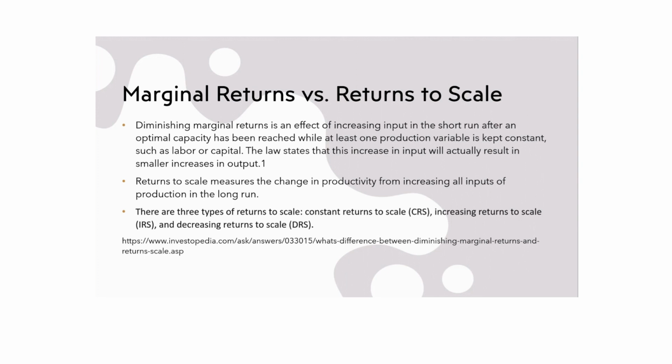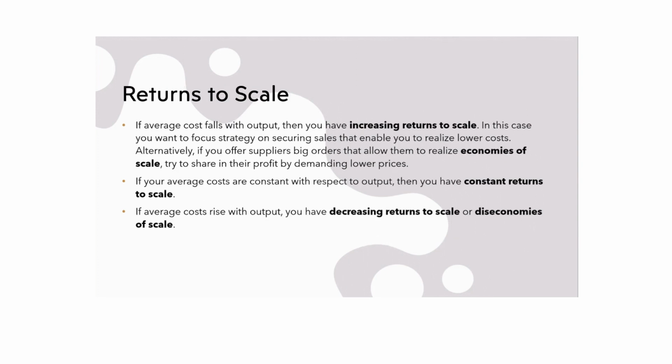When we talk about returns to scale, we focus on average cost or AC. But when we talk about the law of diminishing marginal returns, the focus is on output and input, the variable input against the output. But for returns to scale, we look at the relationship between average cost and output, not input and output.